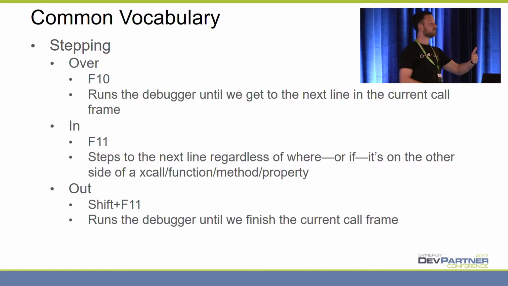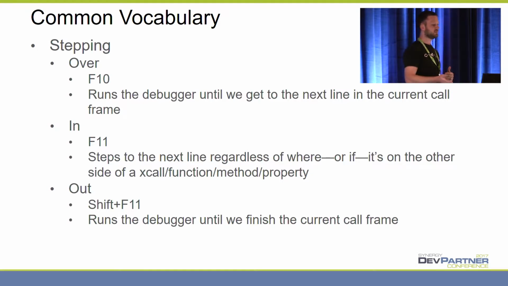So if you are stopped on an X call and you press F10 to step over, it will step past that call, and you will stop immediately after that X call and be able to do whatever you wanted to do. You can also step in. Again, if you're on that line with the X call and you press F11 to step in, it's going to go into that X call, and you're going to be able to debug inside that X call now.